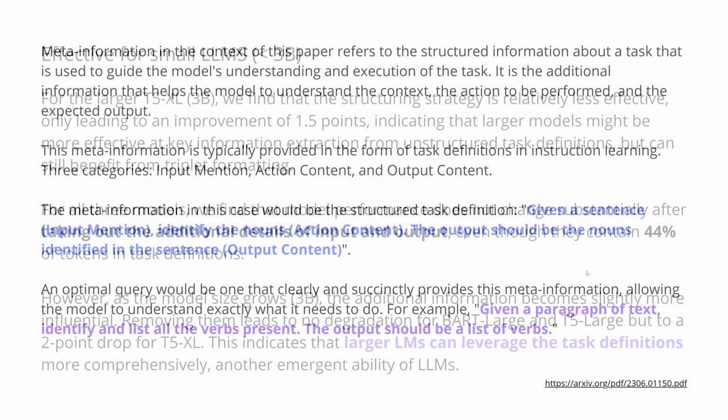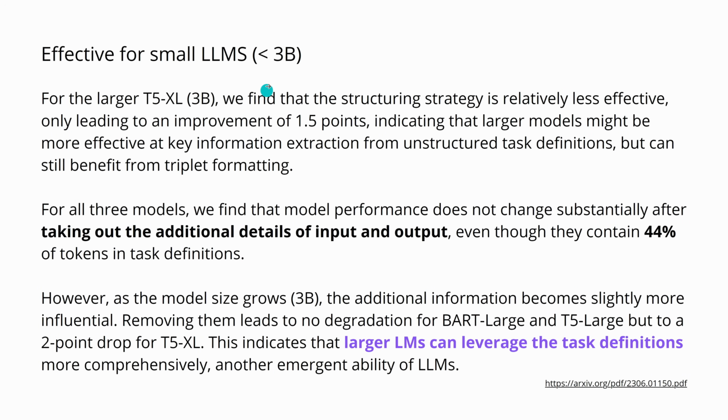If we use this, the authors found that smaller LLMs, those with fewer than 3 billion trainable parameters, can increase their performance significantly with this optimized prompt structure. 44% of your human language you can get rid of to help those models.